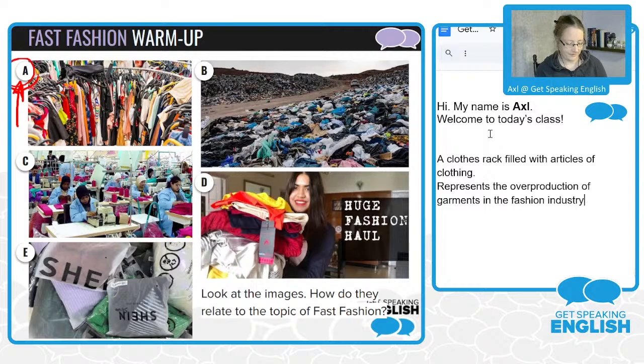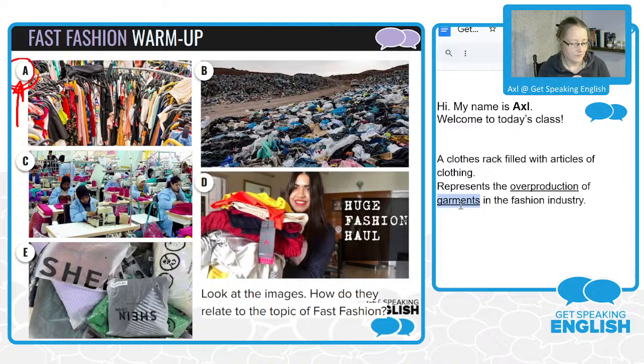They're always trying to produce more and more things, and trying to convince people to buy those things. So they're overproducing, as in they're producing too many articles of clothing. And this word here, garments, is kind of great. It's just another way that we can refer to an article of clothing.